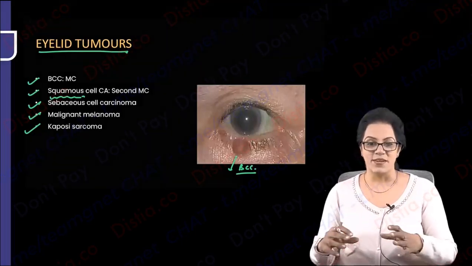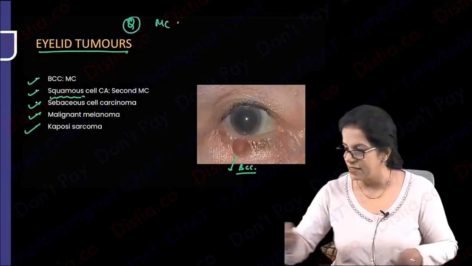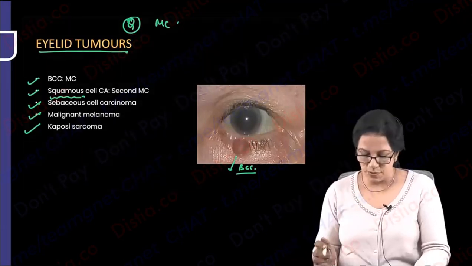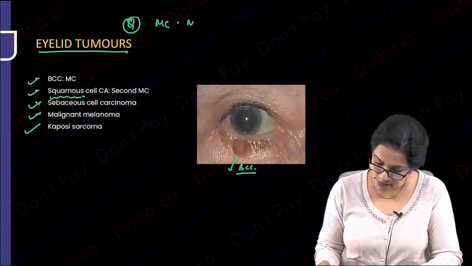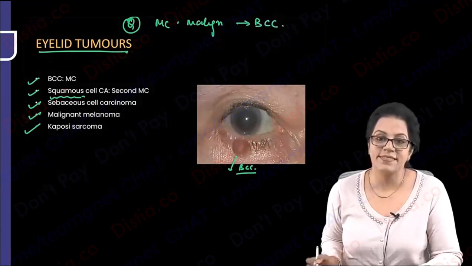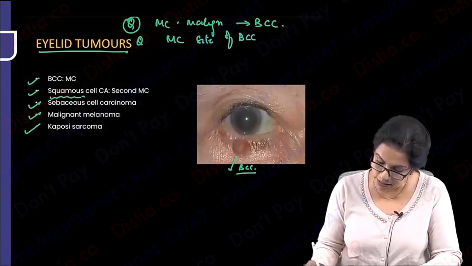Okay, what are the questions around it? First question: most common malignant tumor of the lid. We will answer: basal cell carcinoma. Next question: most common site of BCC.